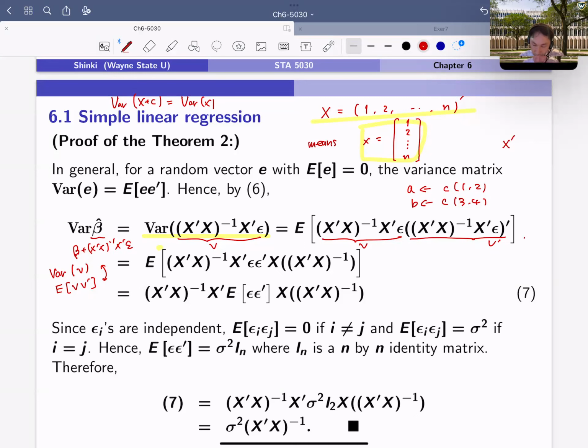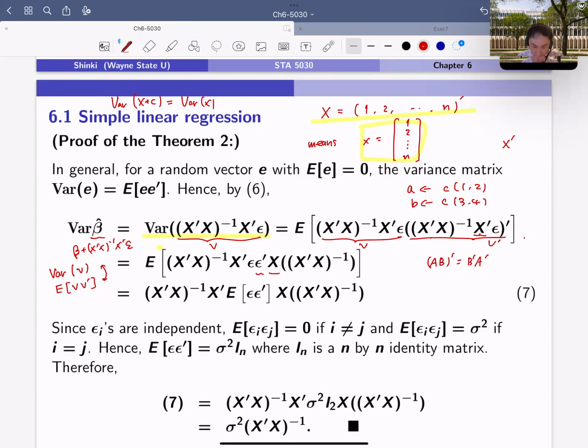And how to calculate this? Okay, so this is transposed, and remember that (AB) transpose is equal to B transpose A transpose in general. So we have three matrices here. At first we transpose epsilon, and that comes here. And we transpose X transpose, that becomes X again.